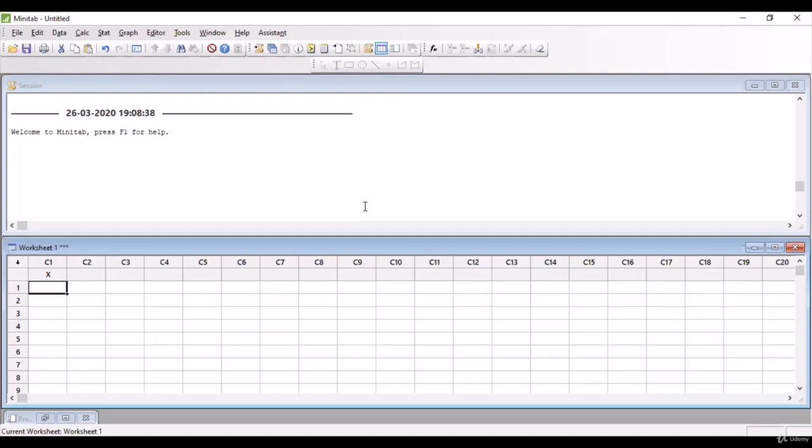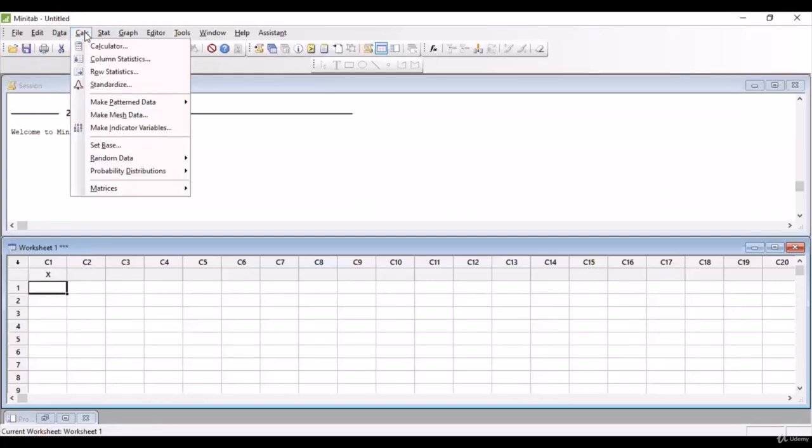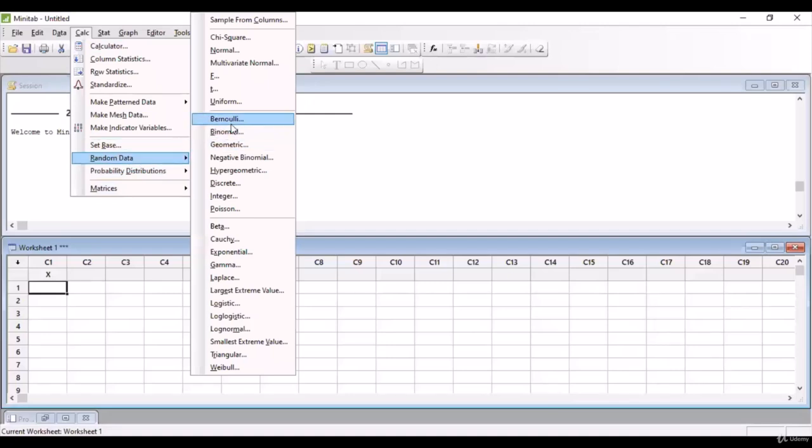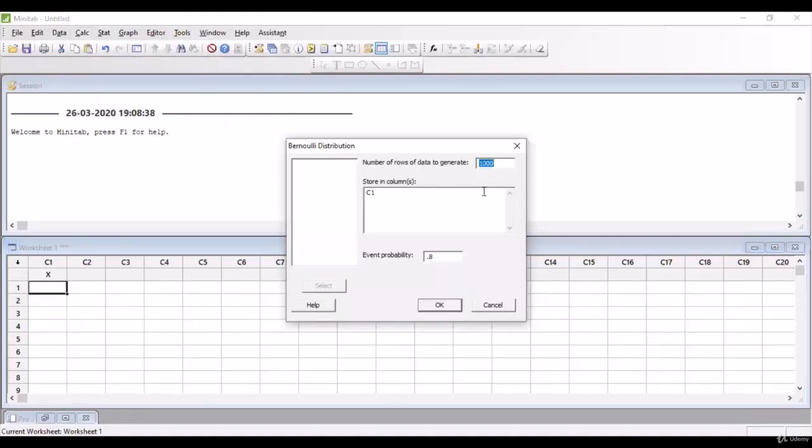Now I want to simulate the same situation here. Same data. How do I do that simulation in this tool? I go to Calc, Random Data, Bernoulli. Here I entered 1,000 rows. That means 1,000 experiments, I'm doing 1,000 trials, and I want to store it in the first column, C1. I select it and it is automatically visible here.